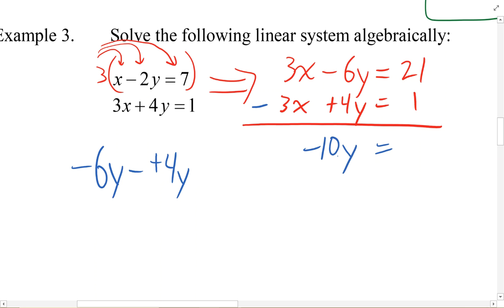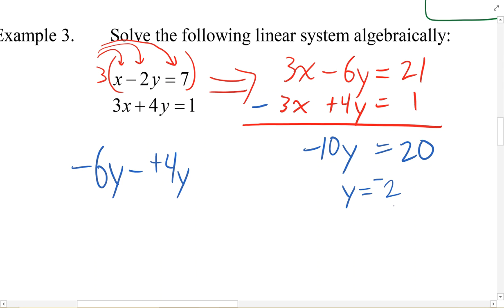You want to get one of them equivalent. Either get your x's the same or your y's the same. Okay? All right. So what does y equal? Negative 2. Negative 2.